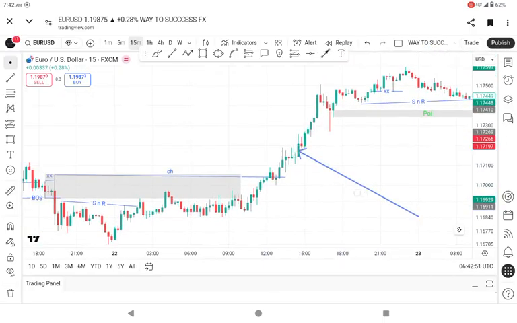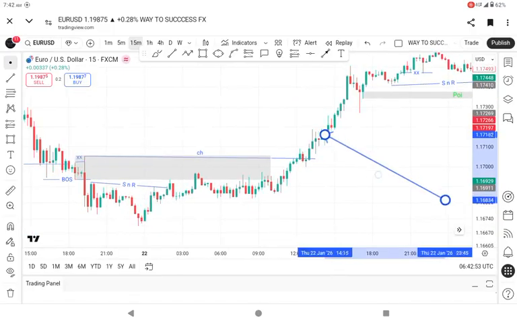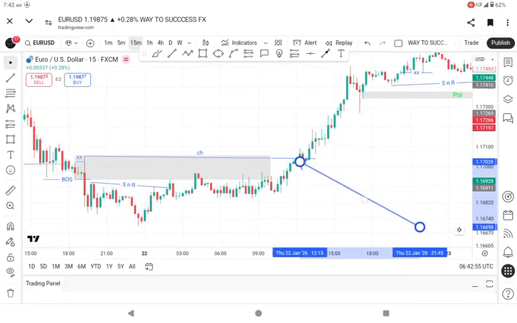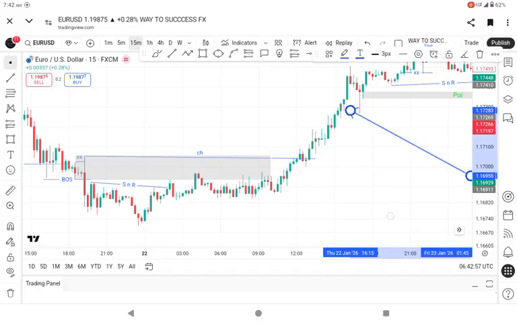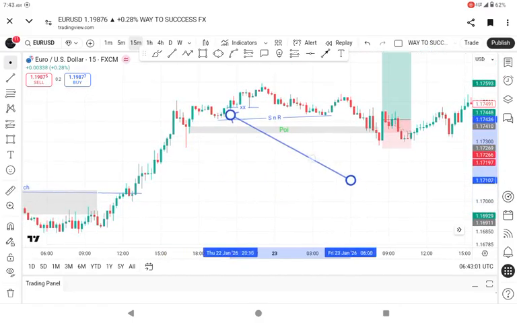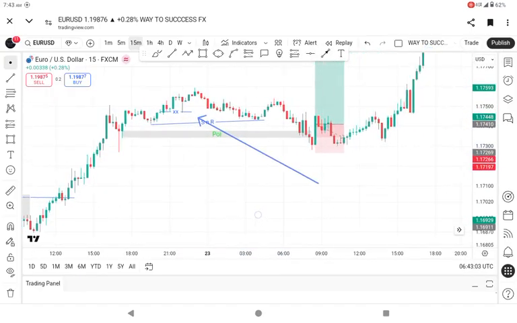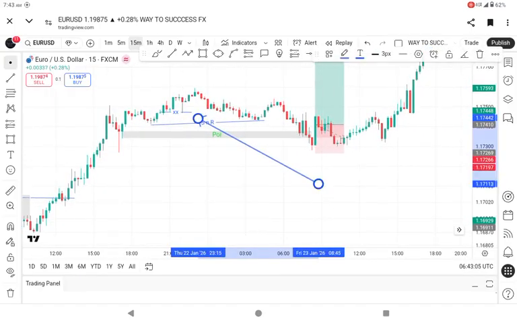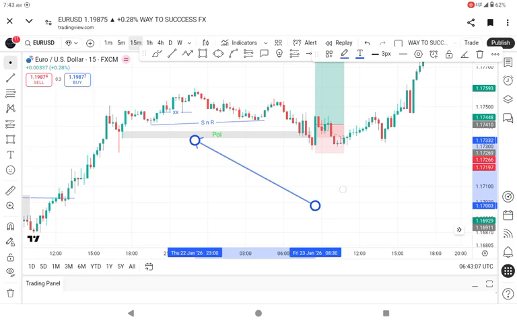So let's continue. After we make this change of character here, confirming that the market is now heading to the upside, the market continued pushing up, and now here on Friday we had this price action here.